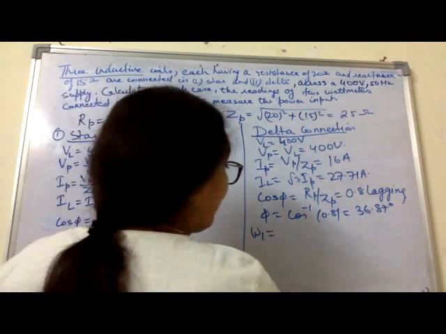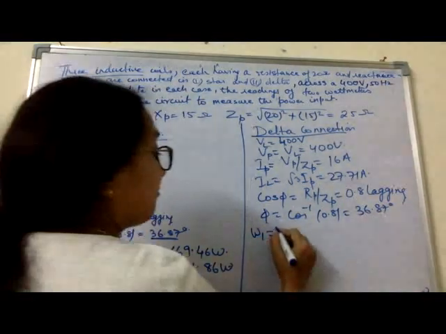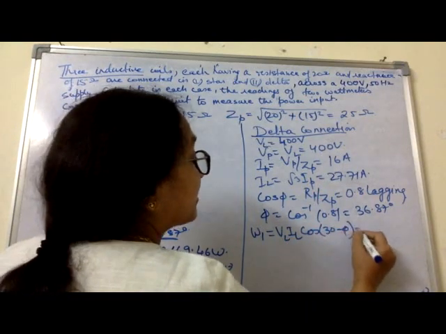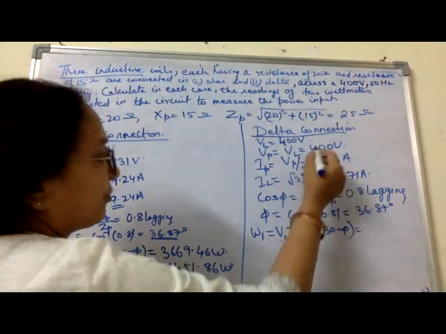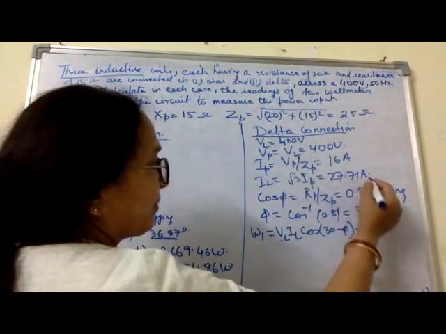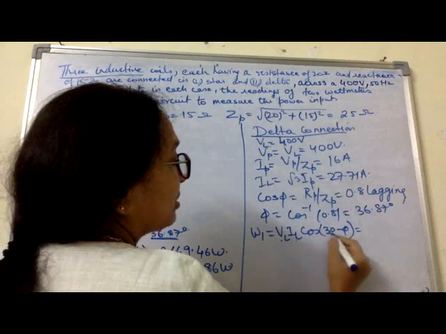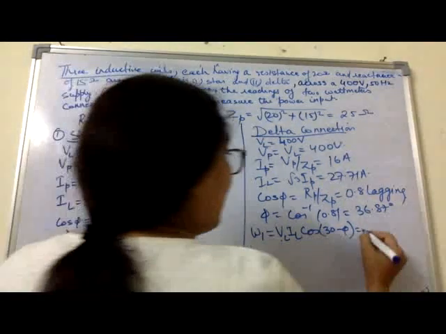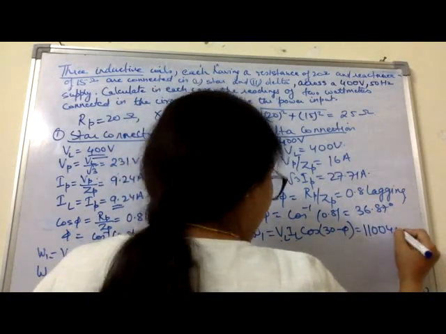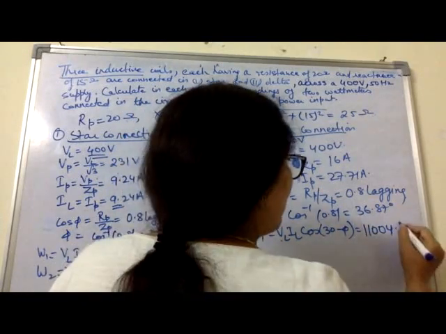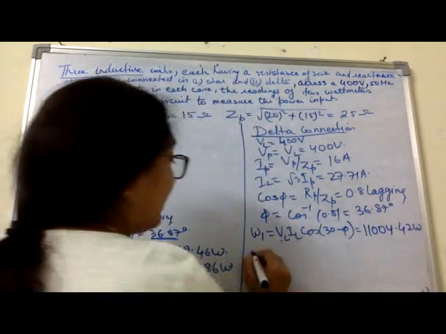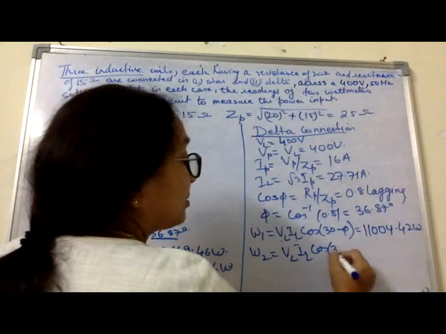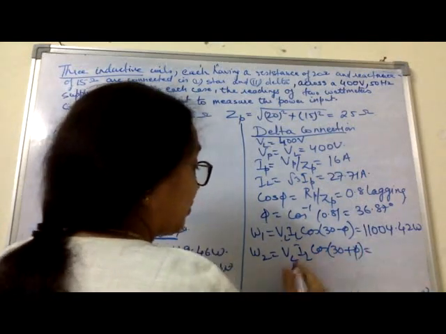Now W1 will be equal to VL IL cos(30 minus phi), same as before. Substitute VL equal to 400 volts, IL 27.71 and cos(30 minus 36.87). This comes out to be 11,004.42 watts. W2 will be equal to VL IL cos(30 plus phi). Again substitute the values.